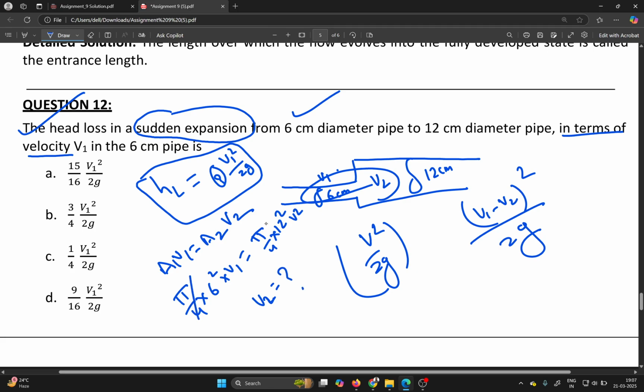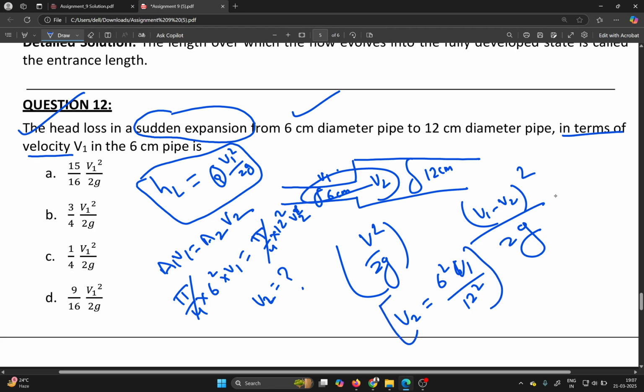So what will be v2? V2 will be 6 square v1 divided by 12 square, like that.